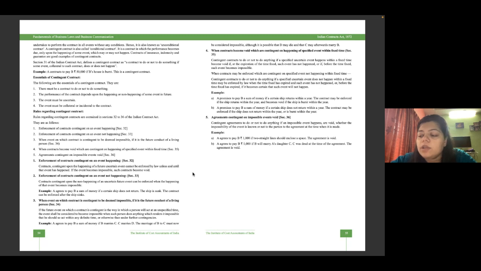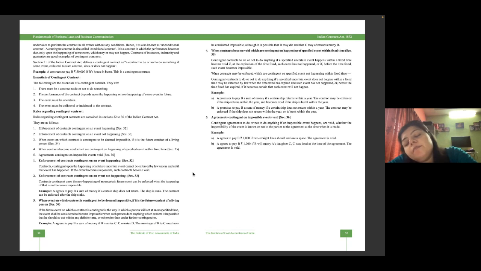So when we are talking about contingency, it is something that does not vitiate a contract, provided that such enforcement is done accordingly. So there are provisions in the Contract Act which enforce a contingent contract: Section 32, Section 33, 34, 35 and 36.